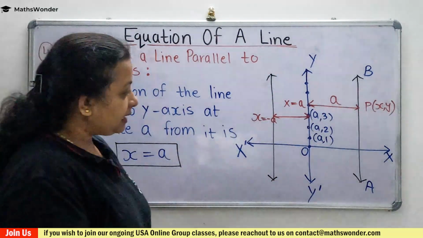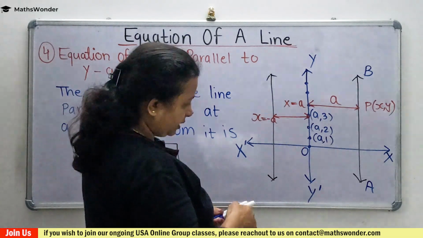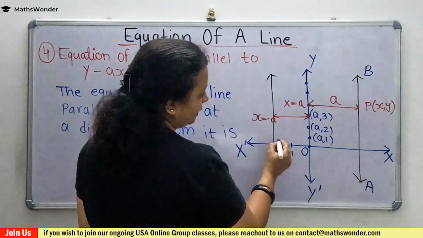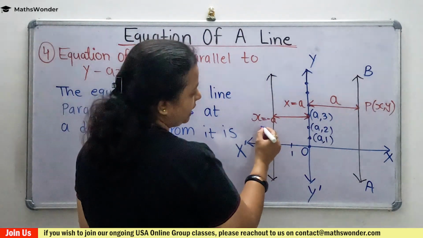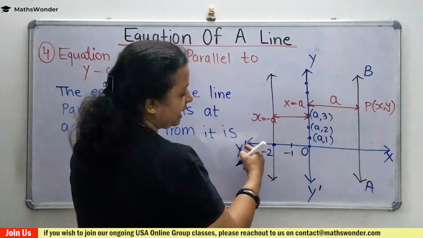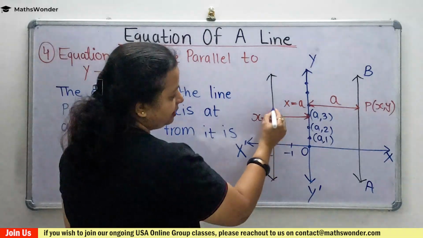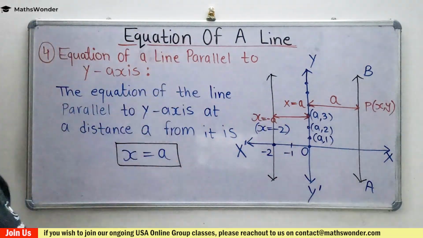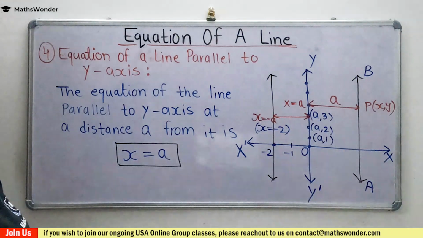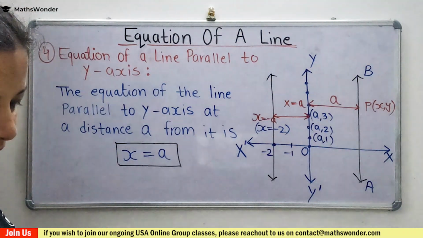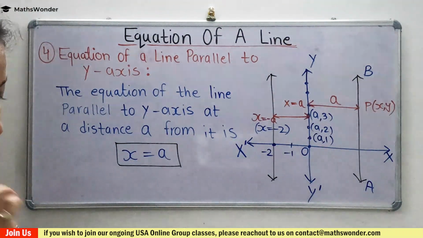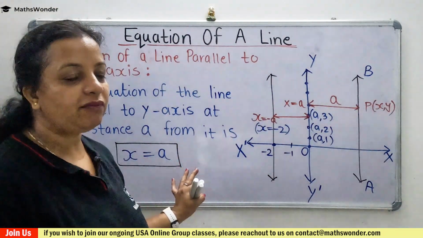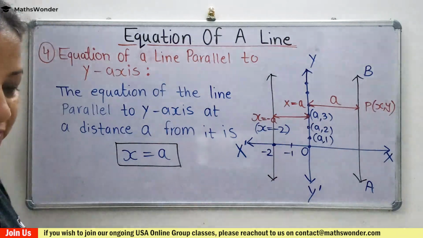Okay. So suppose I have drawn it here. This is 1 and this is 2, right? So this will be x equals negative 2 because these values are negative now. So x is negative 2 for every point. So whenever you draw the line on the right-hand side, it will give positive. Similarly, if you draw the parallel line of y on the left-hand side, then it will give negative values.